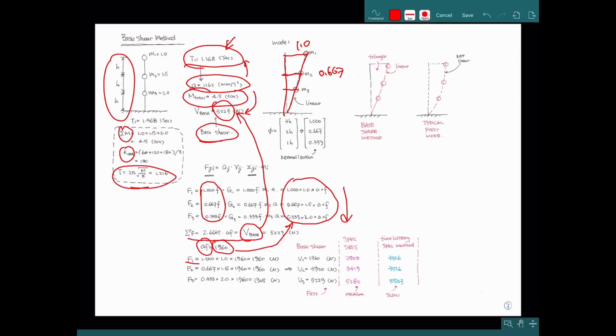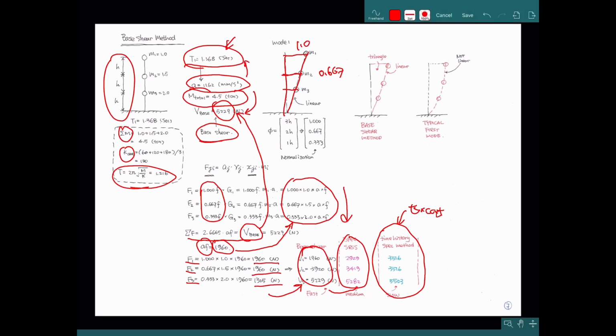We know each floor has a certain value of external force, and then we can compute the internal story shear, and then use the SRSS method. This is the result of the base shear method. We can compare it to the SRSS result based on the modal analysis and the exact time history. This is the exact result of the calculation.